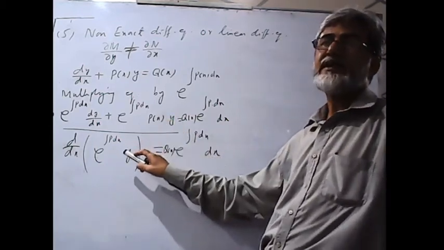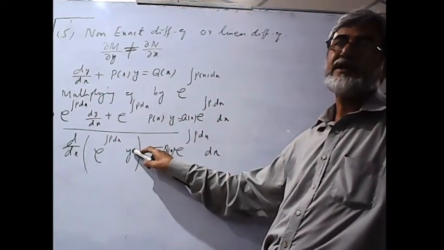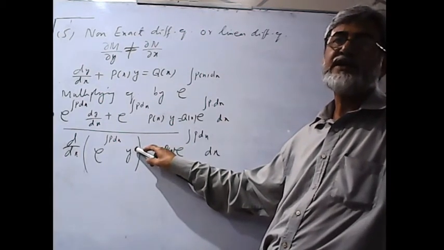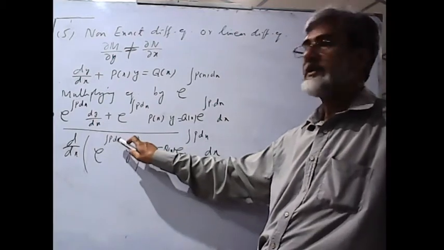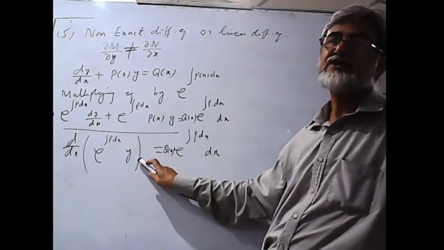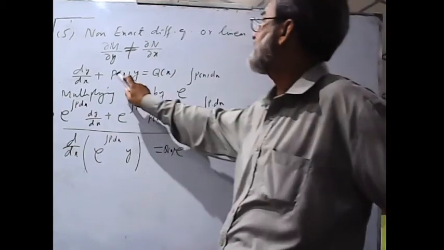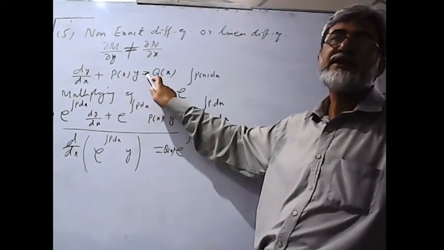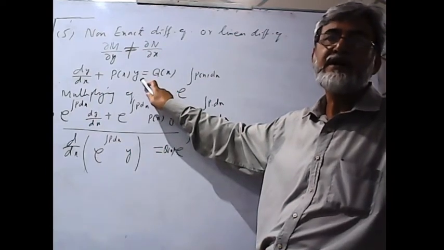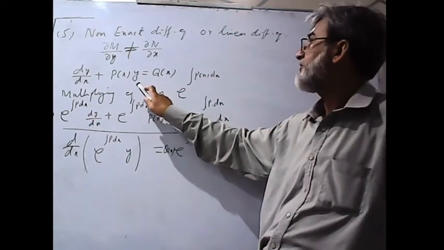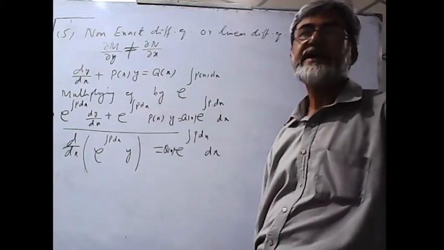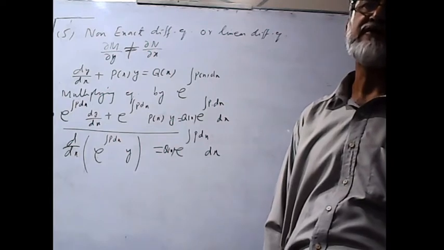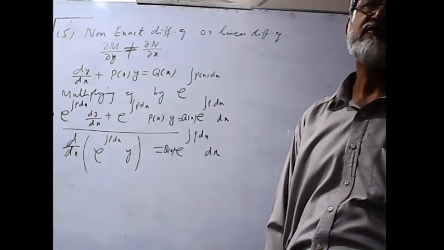So the left hand side expression always maintains the u into v formula, where u is always e to the power integral p dx and v is always y in this general form, which is linear in y. The alternate form of linear is dx by dy plus p of y times x to the power 1 is equal to q of y.